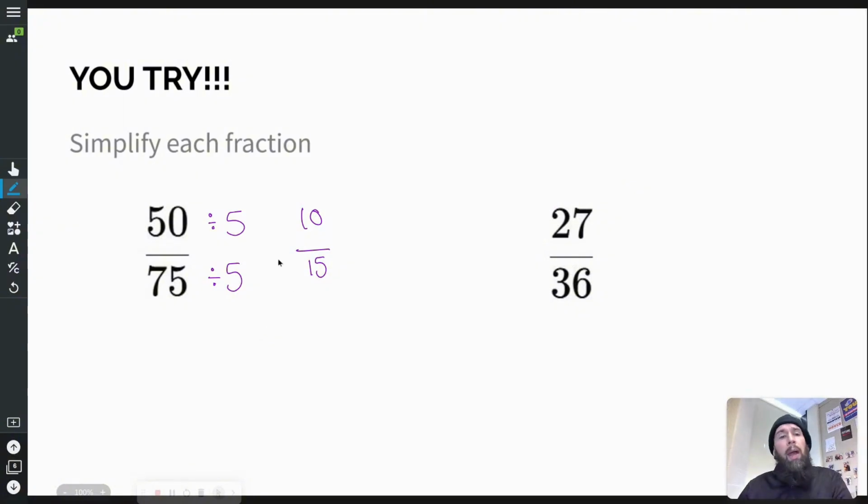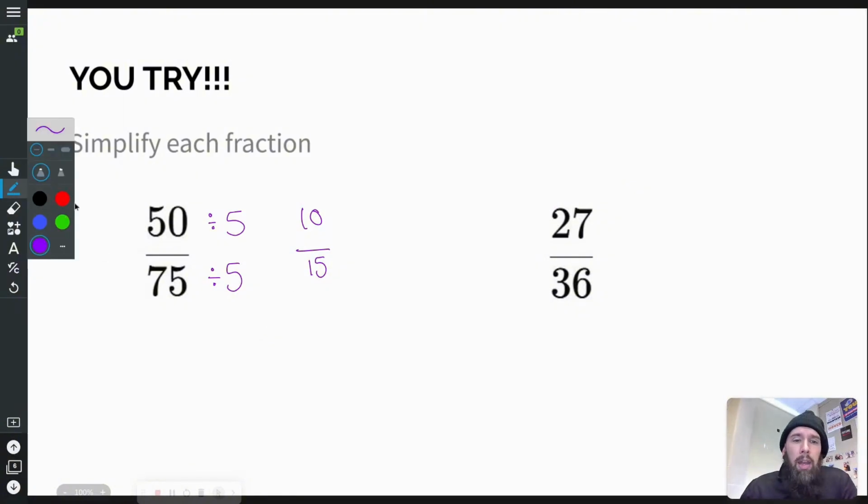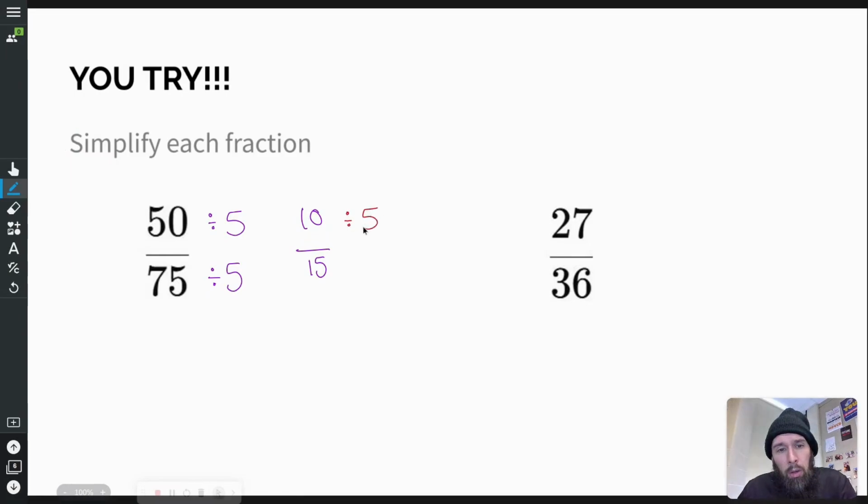Do long division if you have to, whatever helps. Now, I'm not done because I could divide both of these by 5 again. So 10 divided by 5 is 2, and 15 divided by 5 is 3. 2 over 3. Can't do more than 2/3.